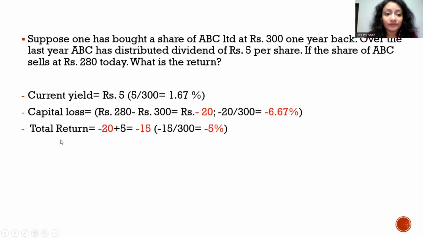So here your total return would be 1.67 percent minus 6.67 percent, which turns to minus 5% instead of minus 6.67 percent. So I hope you have understood how to calculate the total return.